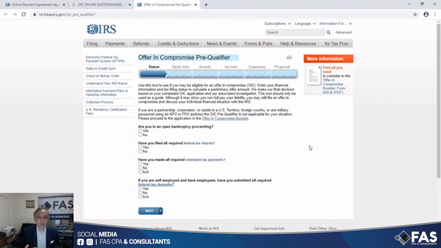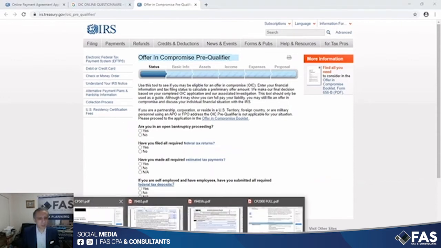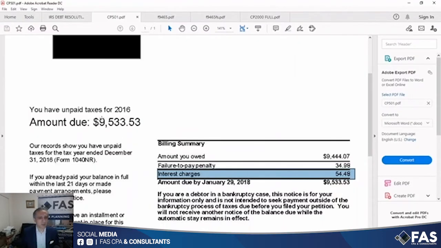But remember, if you have a debt of $9,533, it's not credible that you have no money, that you have no income to pay the IRS.